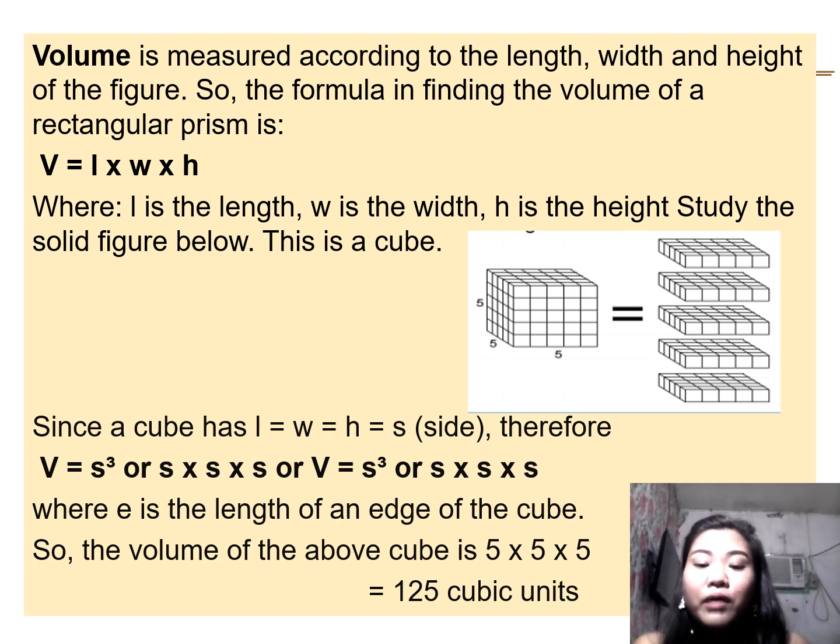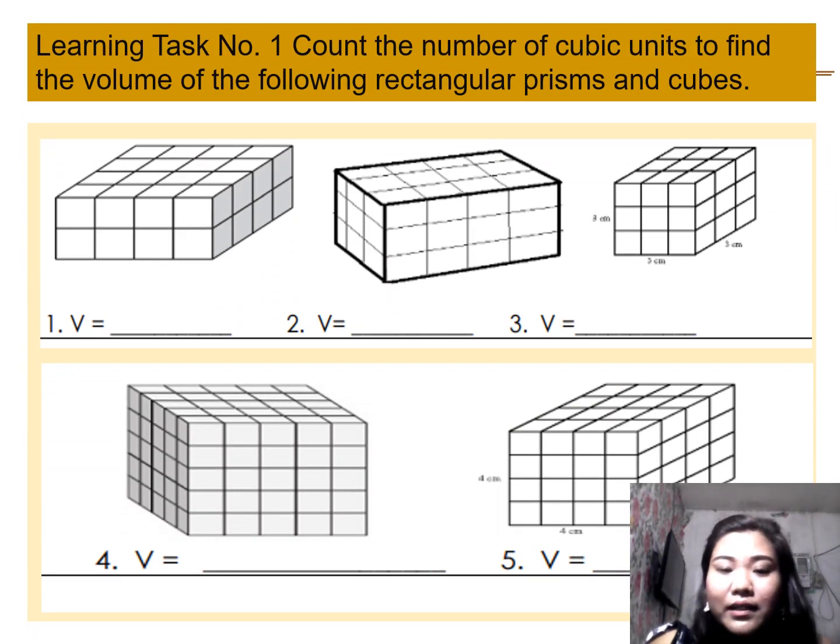So the volume of the above cube is 5 times 5 times 5, which is equal to 125 cubic units, or 125 unit cube. Let's have more examples.